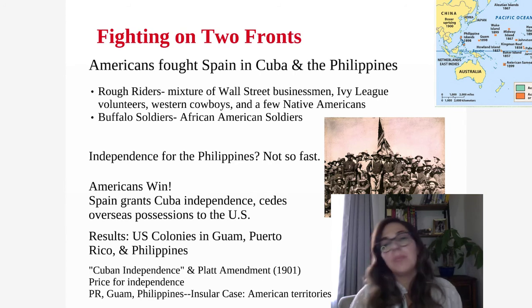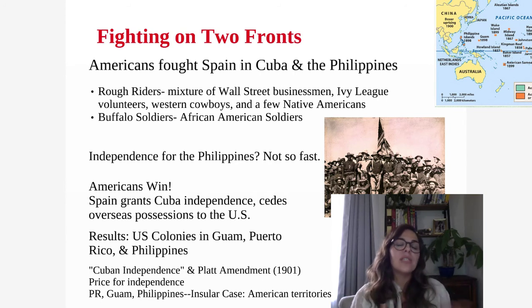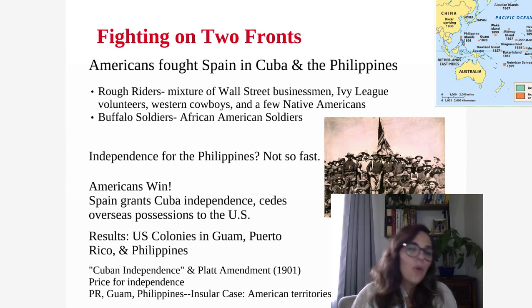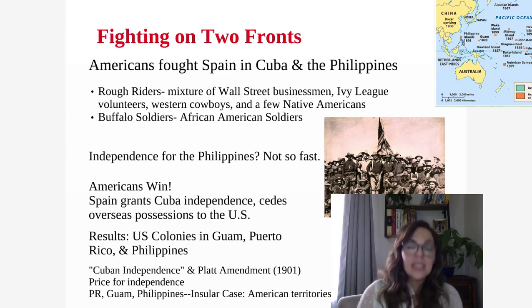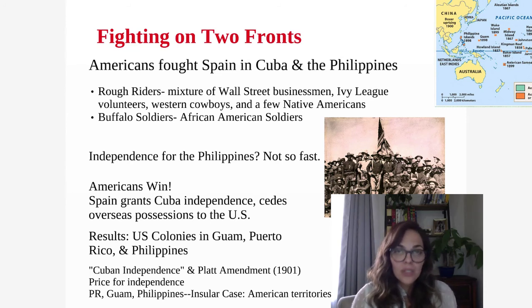The answer comes in the form of a series of Supreme Court cases known as the Insular Cases, which essentially declare that Guamanians and Puerto Ricans were not citizens, okay? Filipinos are included in that. They're basically saying that they are colonies of the United States, but they are not citizens. Now, over time, more cases will come, and those people in those colonies will get citizenship status.